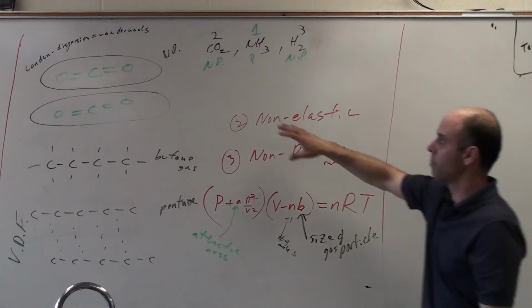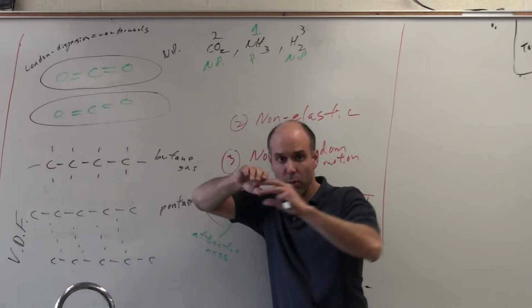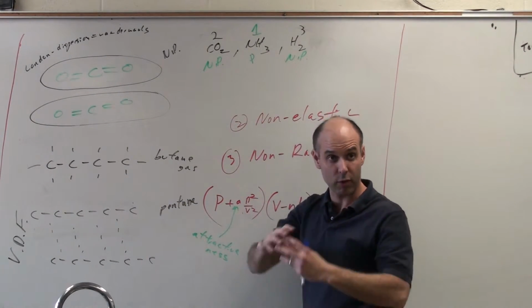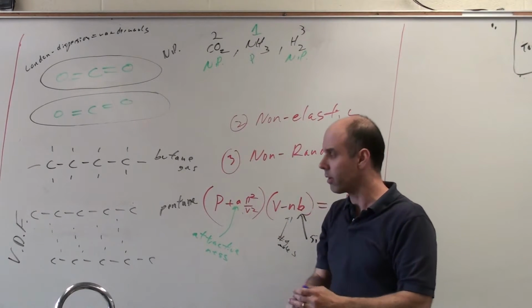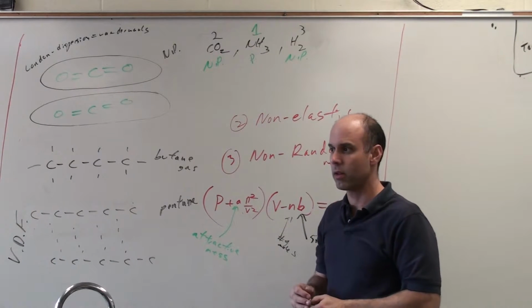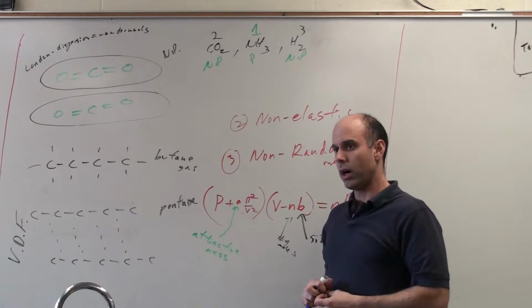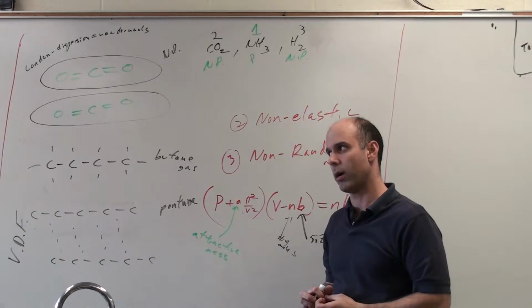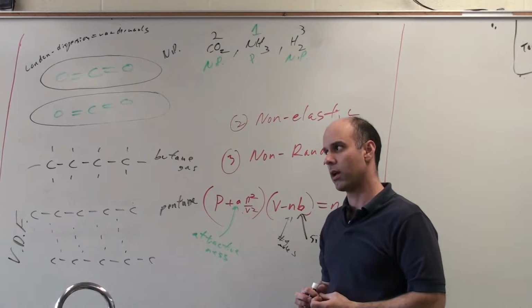So even if you're nonpolar, if you're big enough, you can be brought together to form a liquid, and if you're really super long, you can be brought together to form a solid. How long does it have to be to be a solid? I don't know. It's graphite, yeah.